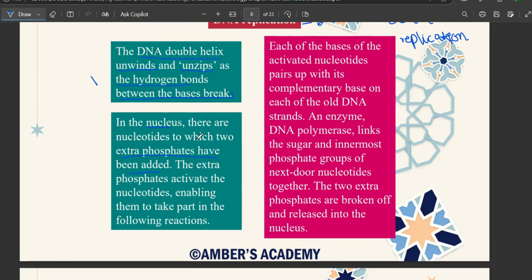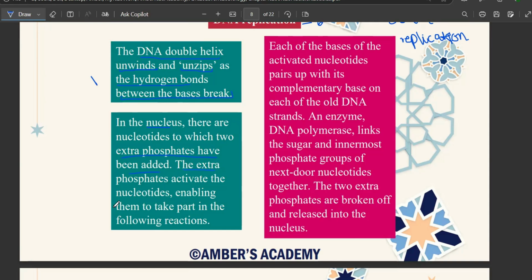They're free nucleotides to which 2 extra phosphates have been added. Like you can imagine the structure of ADP. तो एक तरीके का ADP is formulated. Don't say ADP. I'm just trying to explain to you that free nucleotides are present in the nucleus, and then phosphate heads, they come in and they join with the free nucleotide.